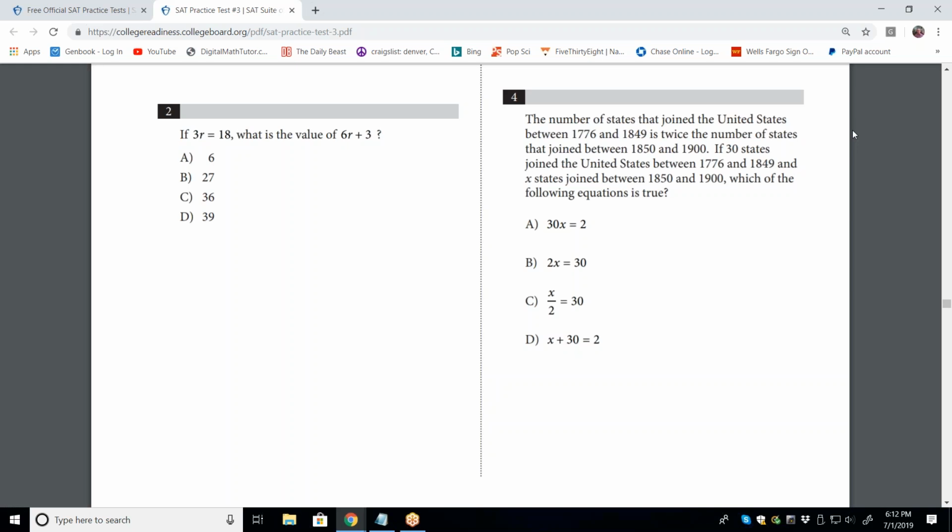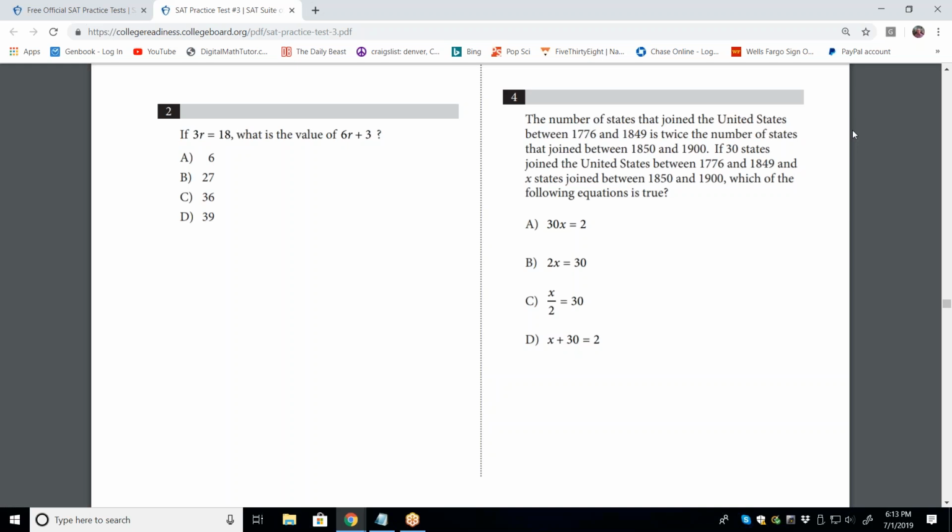Okay? If 30 states joined from 1776 to 1849, and x states joined between 1850 and 1900. Okay, so you picked an x of 60. How many states joined prior? How many states joined between 1776 and 1849?